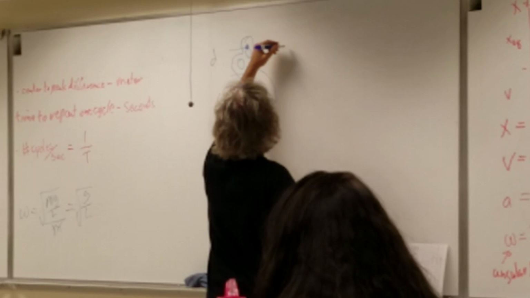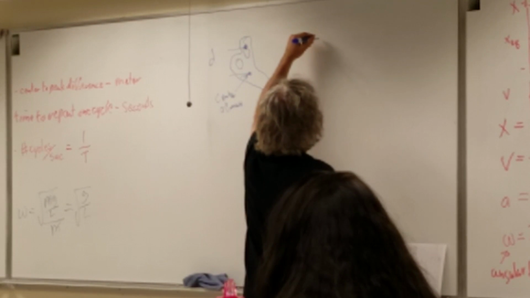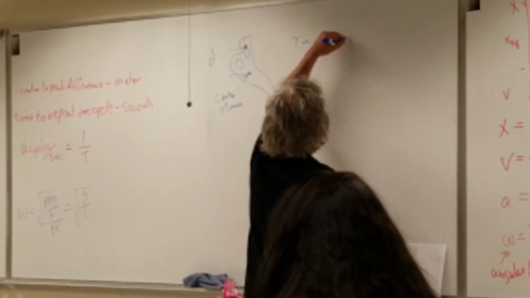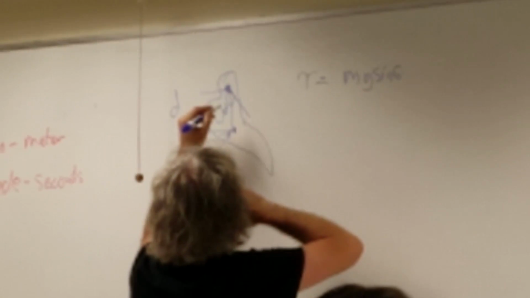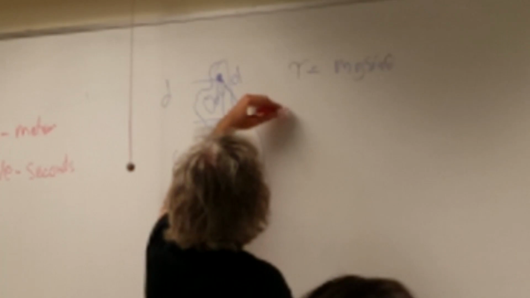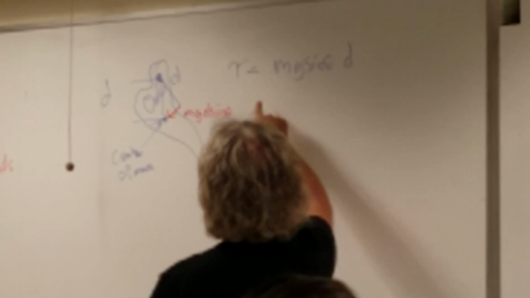We could say the torque is equal to the force pushing it back to the middle, which is mg sine theta, times this distance d. This distance here is also d, and then we have a force going this way. Our torque is mg sine theta times d.